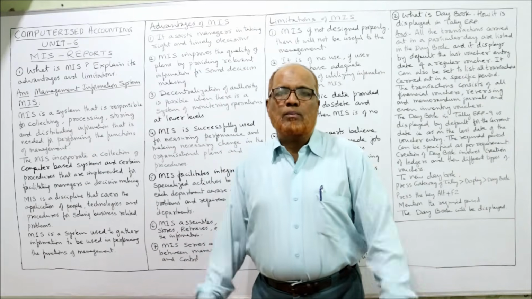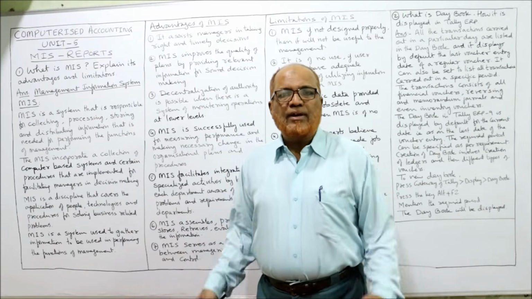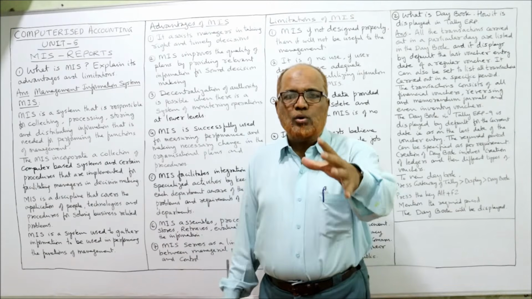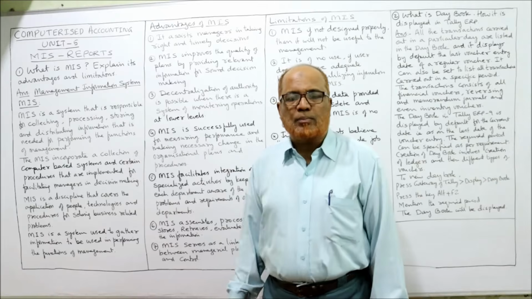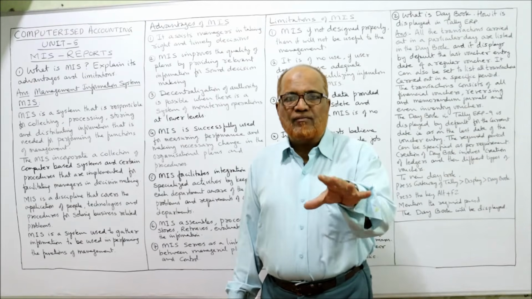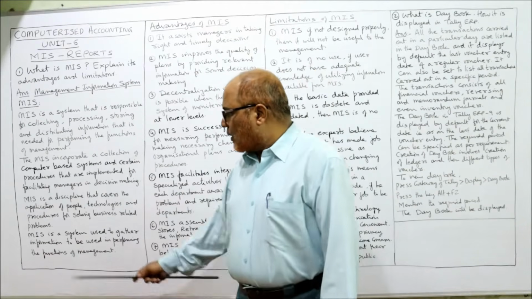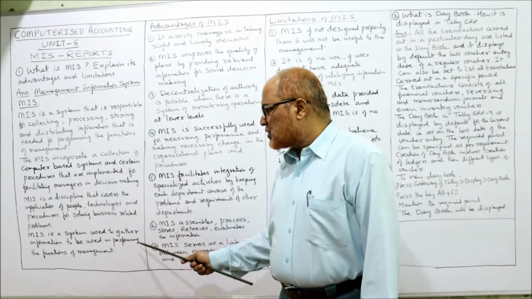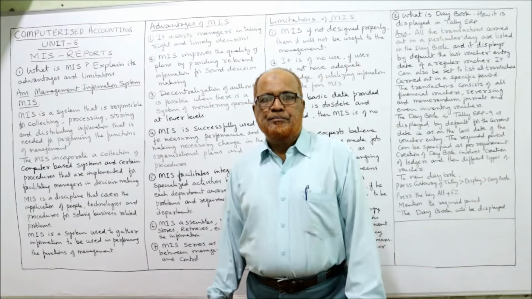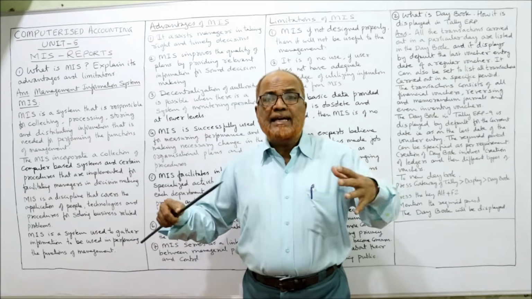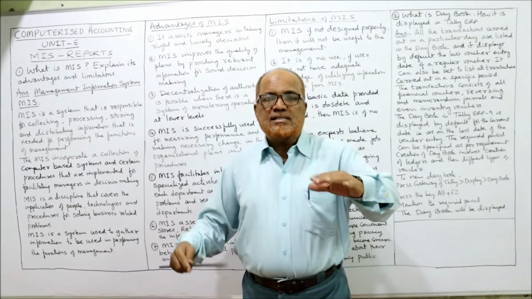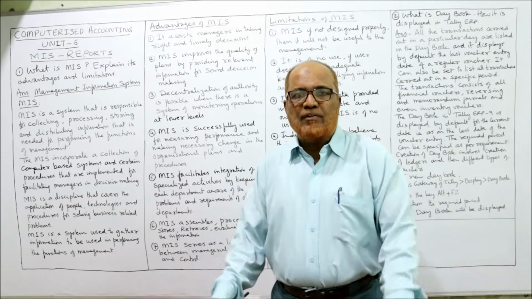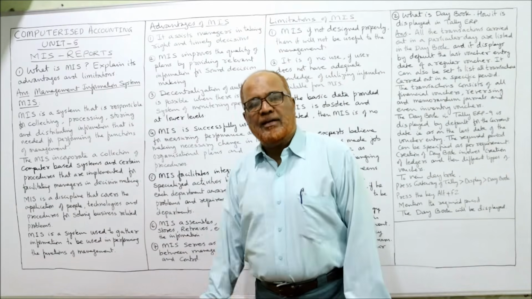To solve those problems, we require the people, we require the technology and we require the procedure. So MIS will facilitate this. Now, MIS is a system used to gather information to be used in performing the functions of management. It's a system for gathering the information and supplying this information to the management for taking decisions. This is the brief meaning of the term MIS.